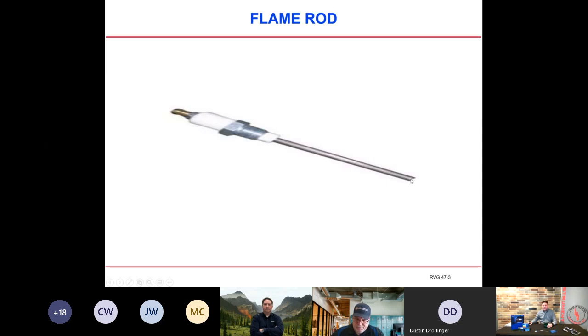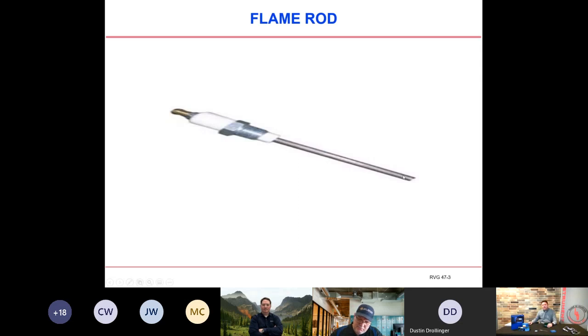It is actually just a solid rod that connects up to the flame circuit and provides that conductivity into the flame. We're going to talk a little bit more about how the flame rod actually does the rectification and conductivity, but for right now, we'll keep it simple.